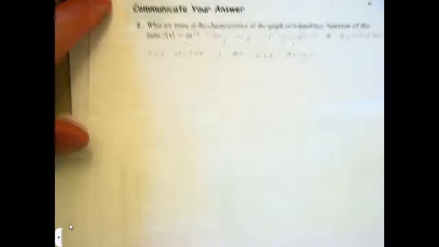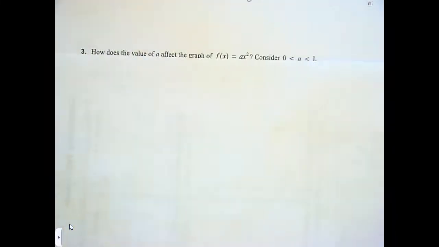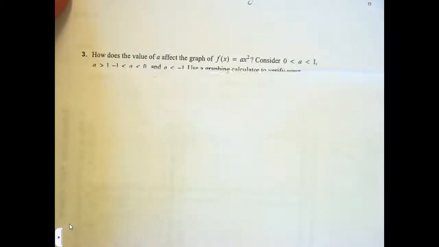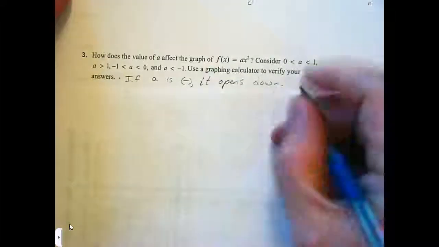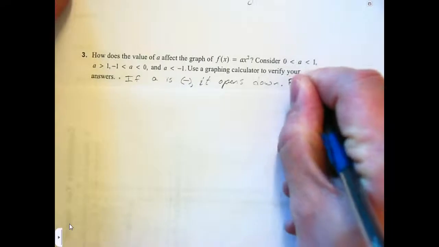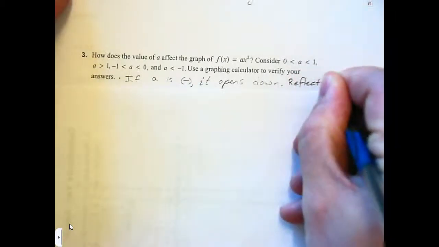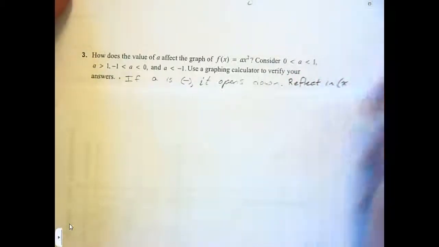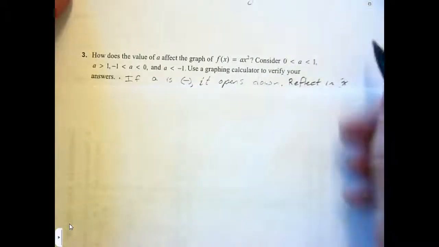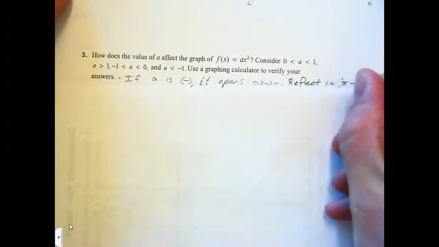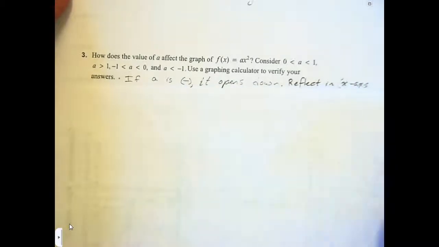All right. What happens if a is negative? It flips. It reflects in the x-axis. It opens down. Okay, reflect in the x-axis. Make sure you know that term. Okay, what happens if it's positive?